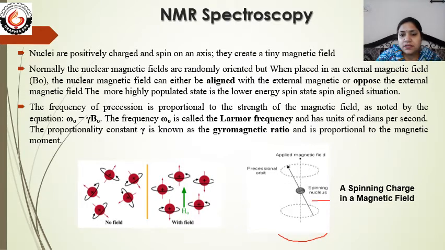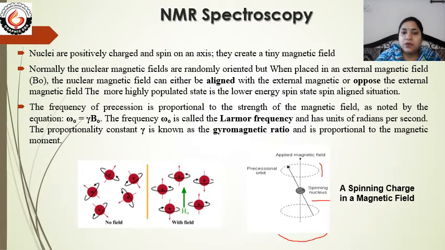This circle is the orbit of the nucleus, and if a magnetic field is applied, it has one movement, which is the spinning of the nucleus, and in the magnetic field it also has a precessional movement. The magnet has its own axis and is spinning.